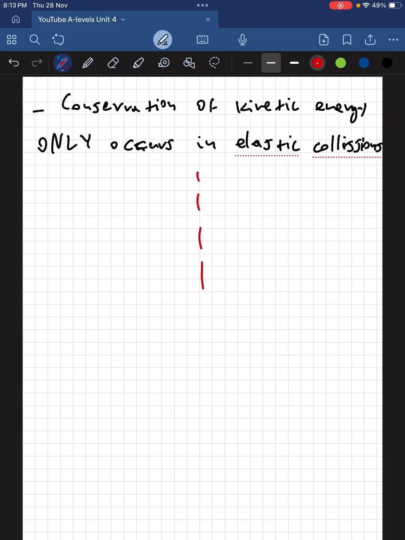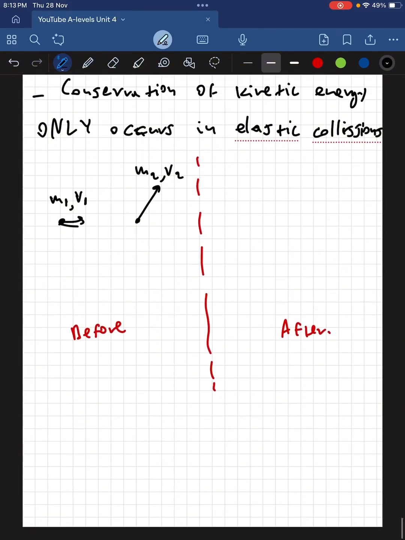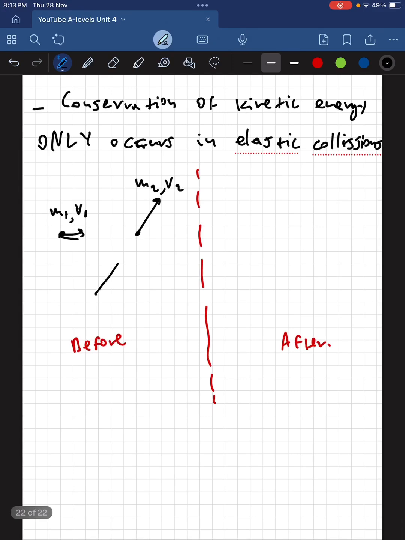So in the same situation as before, let's say this is our situation before and this is our situation after. This is going to be a crazy scenario in which you have a mass 1 moving with velocity v1 to the right and a mass 2 moving with velocity v2. Maybe this is a bullet and this is a moving target moving this way, and they somehow hit each other.